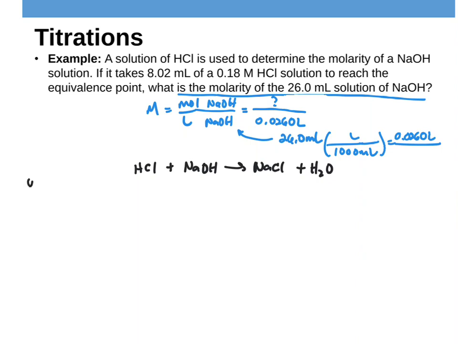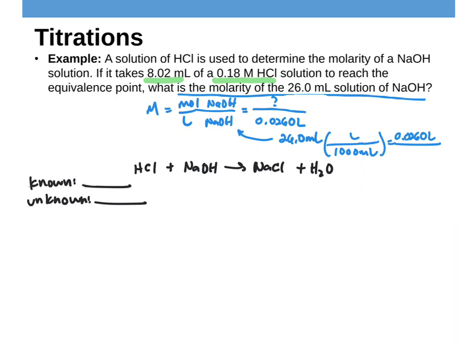Then I'm going to set this up like I normally would for a stoichiometry problem. I'll write out my known. What's my known amount that I'm starting with? This might get a little cramped, so I apologize in advance. My known amount from the problem that I haven't dealt with yet is that it takes 8.02 milliliters of this HCl solution, this hydrochloric acid solution.